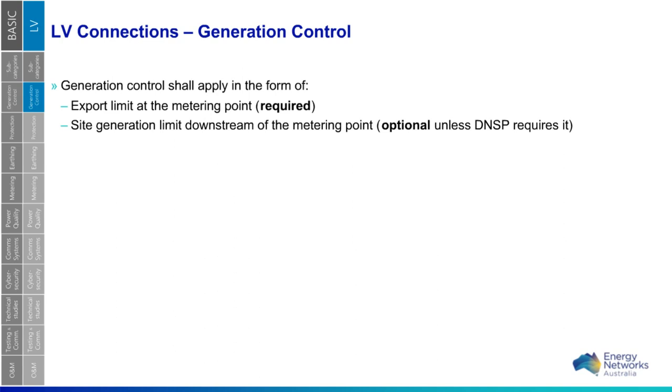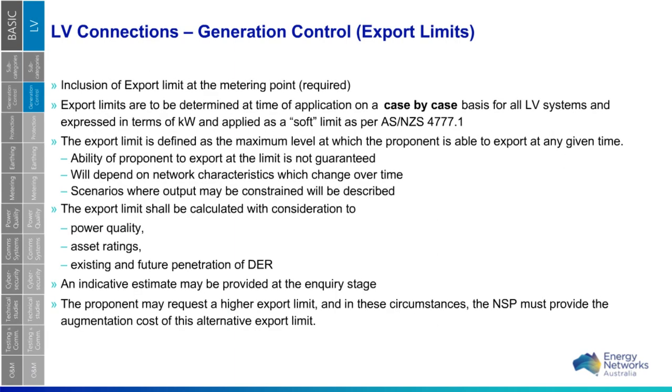In terms of generation control, it is the same concept as what we talked about in the basic. So it will apply in terms of export limit at the metering point or downstream of the metering point. It's definitely required for export limits. And the site generation limit is an optional additional requirement that would be set by the DNSP downstream of the metering point.